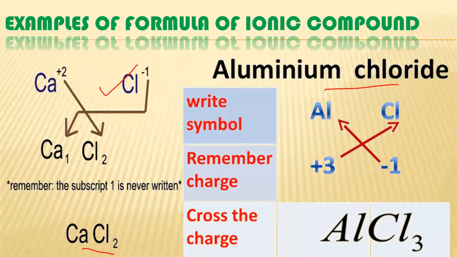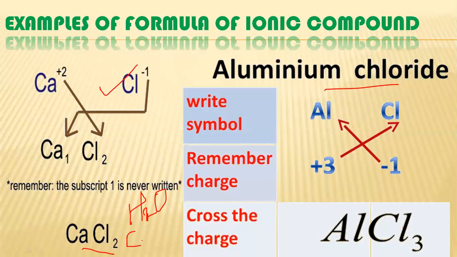If you don't remember its name, calcium chloride, we can also pronounce CaCl2. Like water: if we don't know it, we can say hydrogen oxide, but it's easy to pronounce H2O.